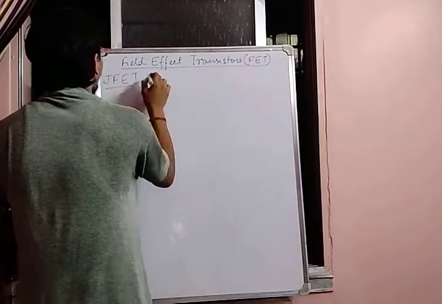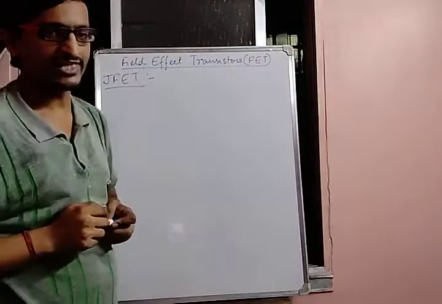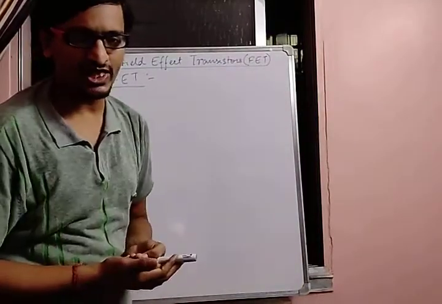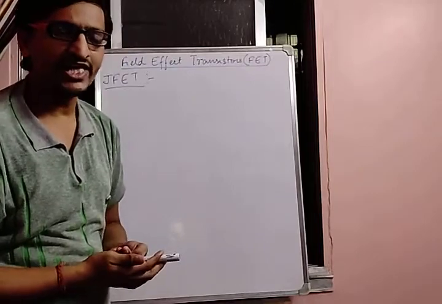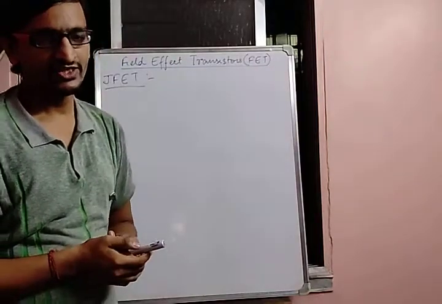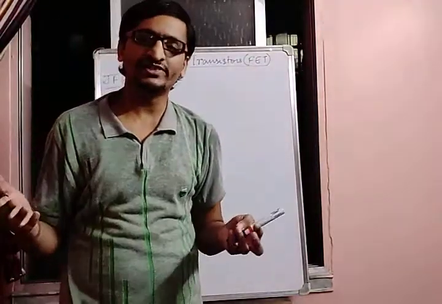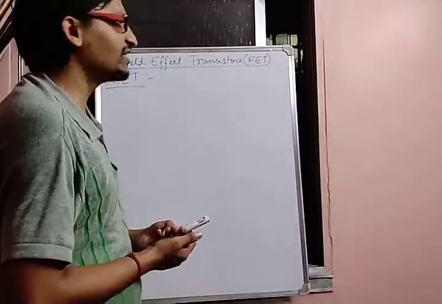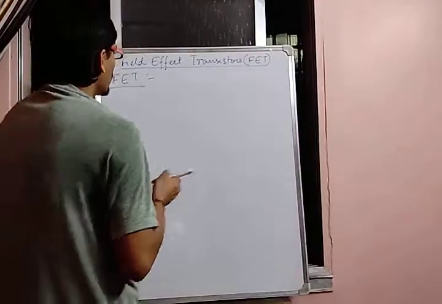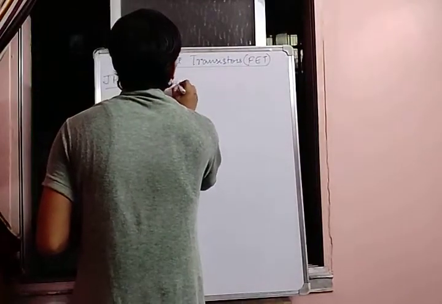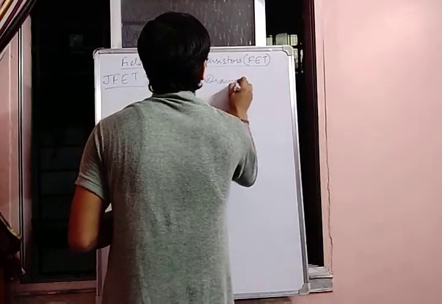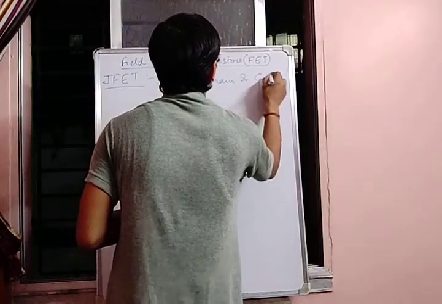A JFET, or junction field effect transistor, is a type of transistor which consists of three terminals, just like your BJT. But the three terminals of a BJT were the emitter, collector and base. On the other hand, the three terminals of the JFET are called the source, drain and gate.